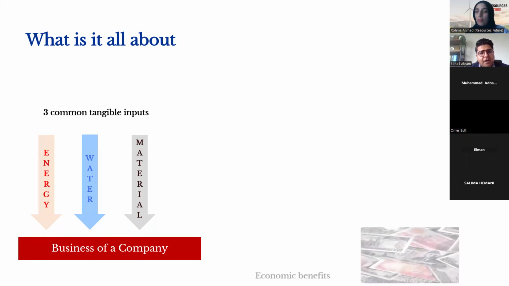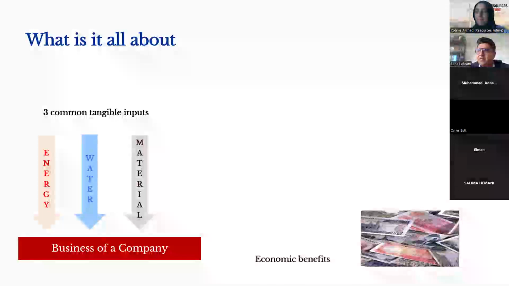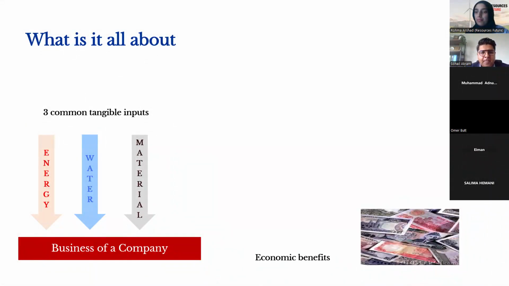And these economic benefits are generally reflected in their financial statements. However, business activities also impact the environment, and their operations result in waste, emissions, etc. Then the organization's activities also affect society, employees, and other stakeholders.